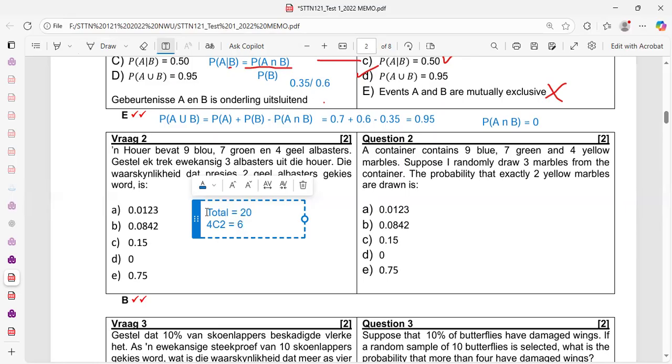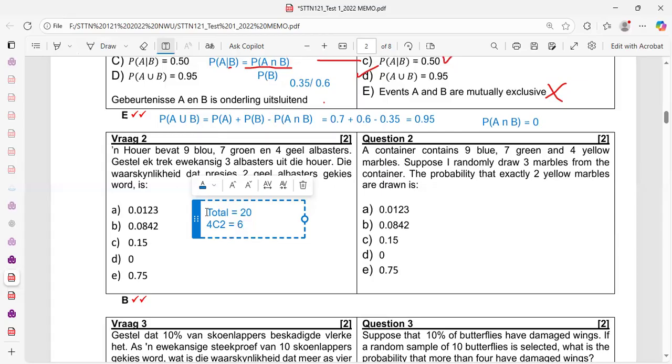This is the number of ways to choose exactly 2 yellow marbles. Why 2? Because they told us exactly 2 yellow marbles from 4. The number of yellow marbles is 4, and 4 combination 2 is 6.